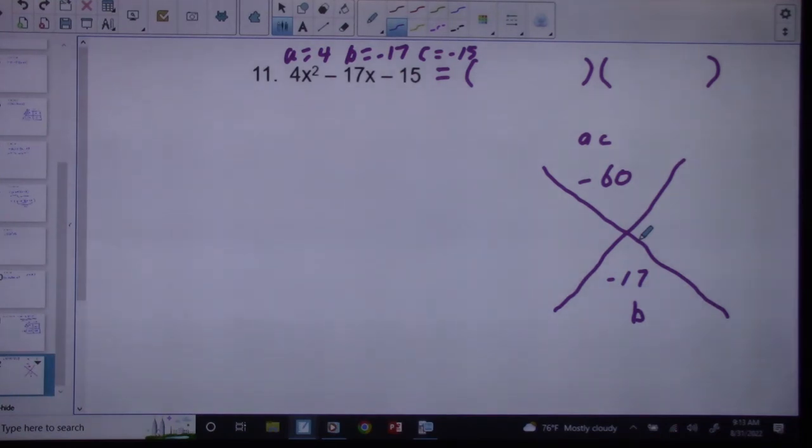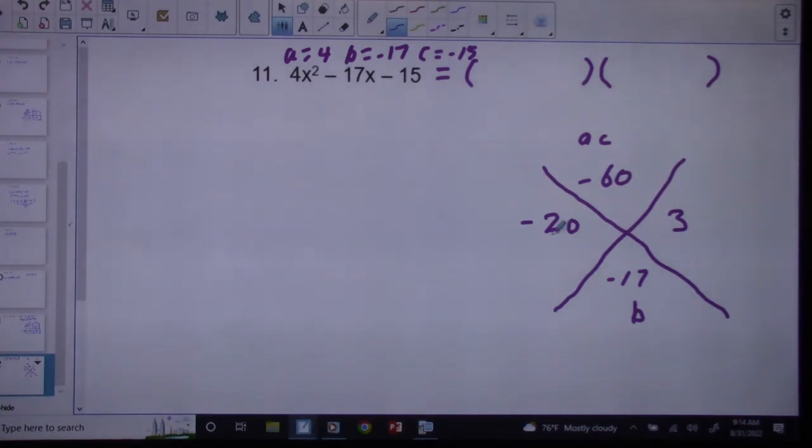You think it's 3 and 20? Because you can subtract them. Yeah, so it's going to be 3 and 20. So you just have to think a little bit. So what does it have to be? It has to be negative 20, right? So yeah, you add those up, you get that, you multiply together, you get that. So it takes a little bit of mental math to do that.